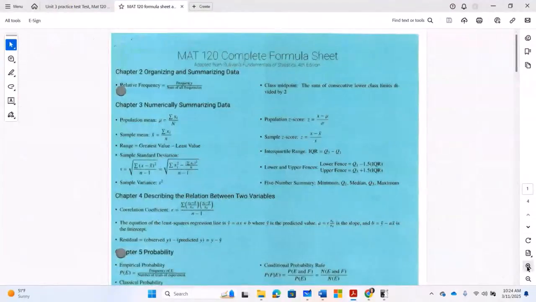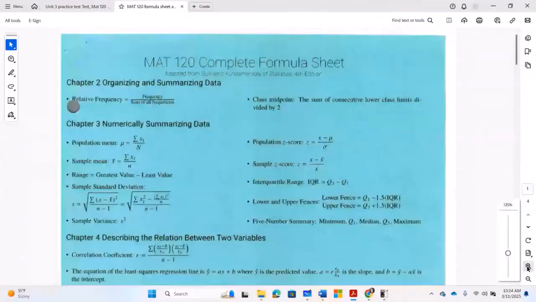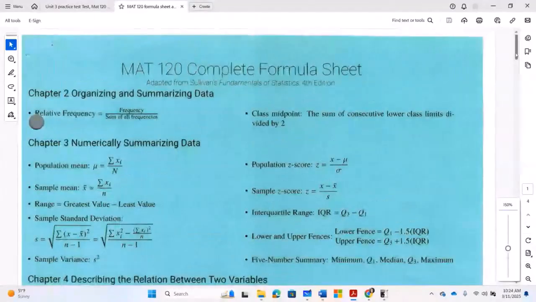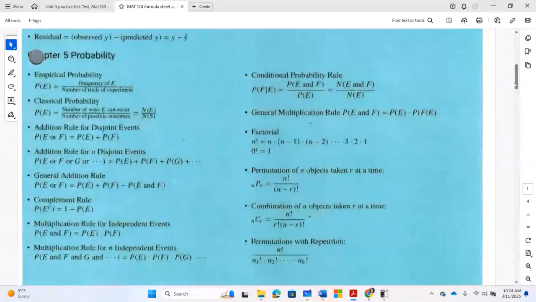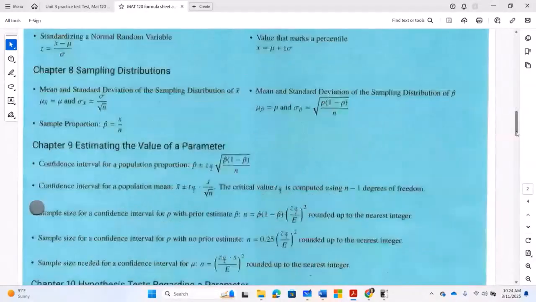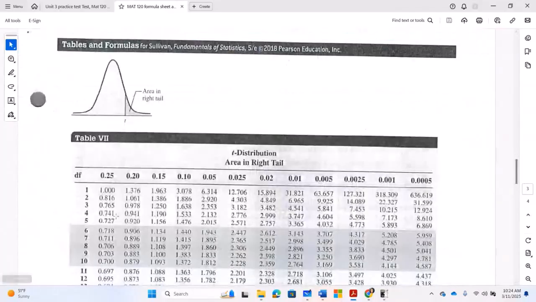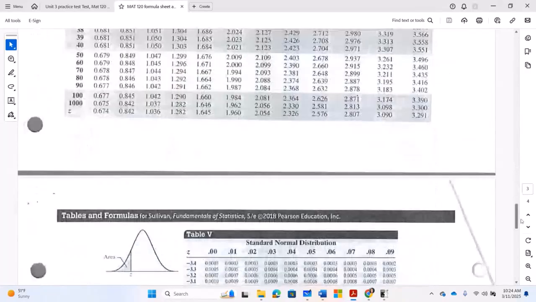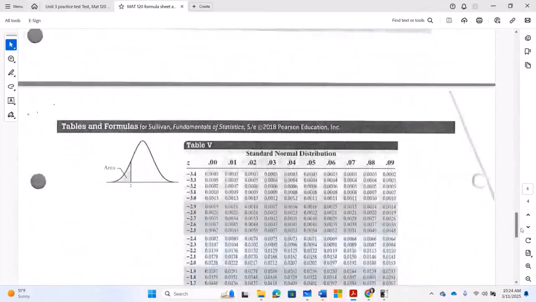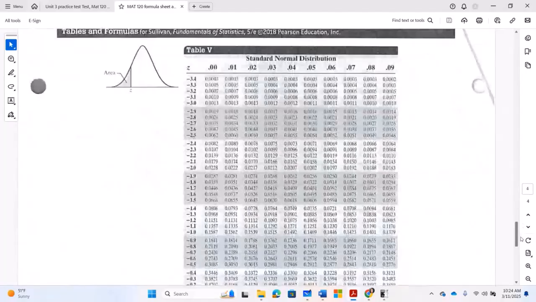I'm using the normal distribution chart. Remember, I'm doing Z, so I am going to the Z chart. This first one here is not a Z chart, this is the T chart. So I am going down to the Z chart. That is the Z chart here.